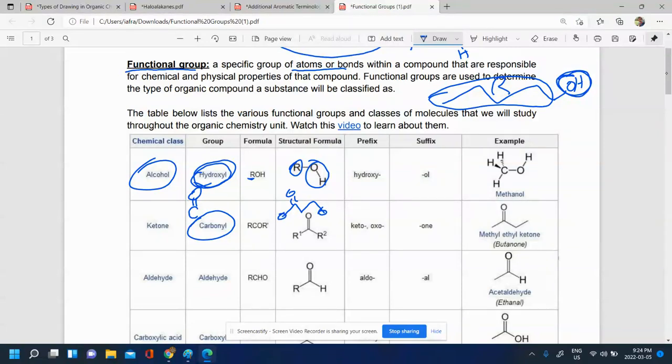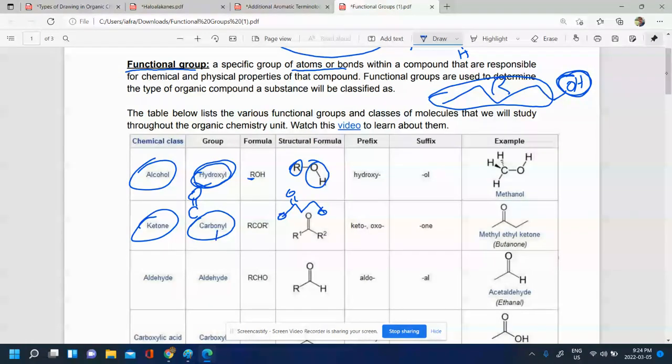When you put that carbonyl group somewhere there, you call the molecule a ketone. So if you have a carbonyl functional group not at the ends of a molecule, that chemical class the molecule is part of is a ketone.